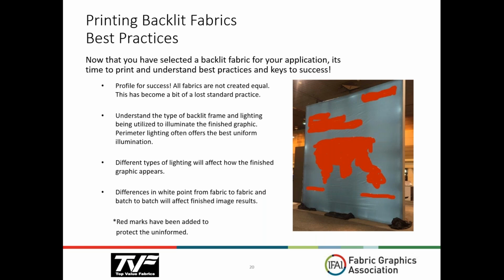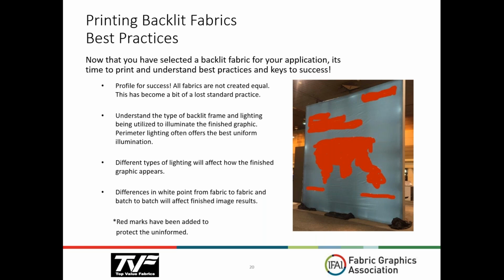You also need to understand the type of backlit frame and lighting that's being utilized to illuminate the finished graphics. Our choice is typically to use perimeter lighting with the diffused knit fabric. That lighting is going to spread evenly across the entire graphic.